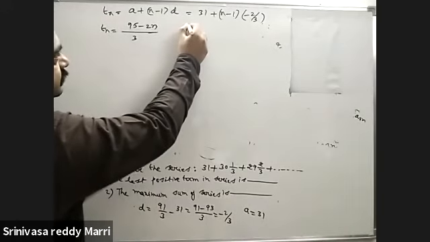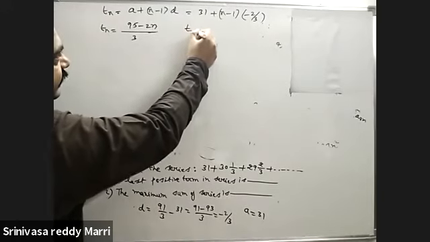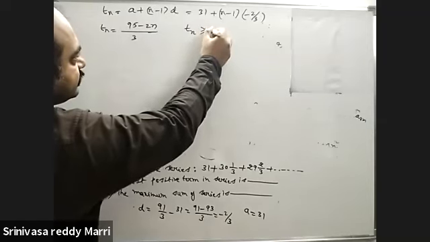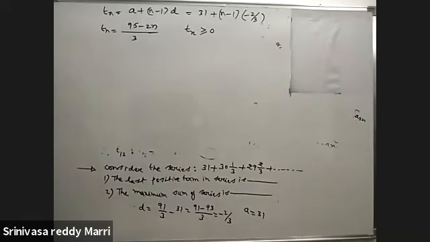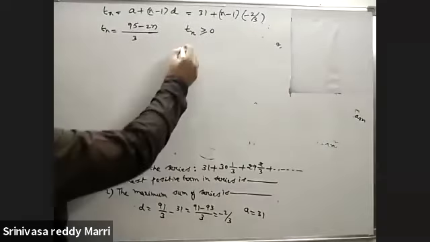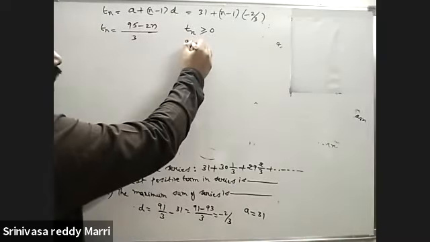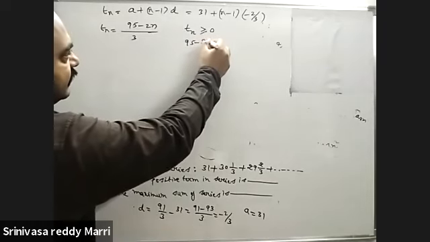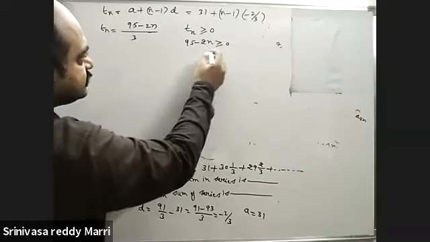Look at this. I am writing Tn greater than or equal to 0. So what will I get for the n value? Let us see. 95 minus 2n greater than or equal to 0.